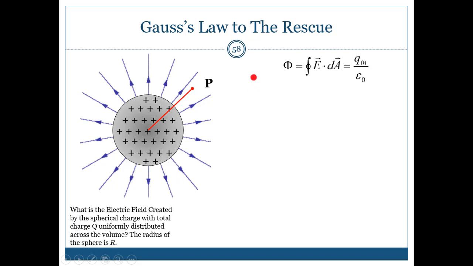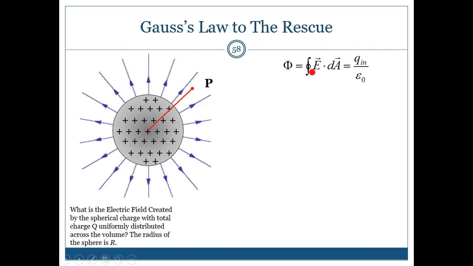Beautiful. So we can use Gauss's law then if we can predict the E field lines and they look very symmetric. Then I can define a Gaussian surface. And what were our criteria? We want a Gaussian surface that will allow us to get rid of this integral, which means there is a dot product here. I need a fixed angle between E and dA. Also, I want the E field to be uniform on that surface.